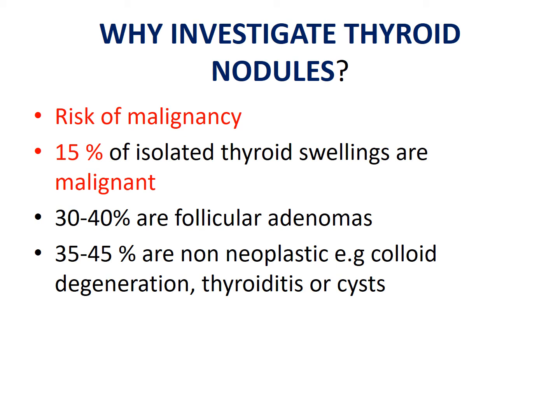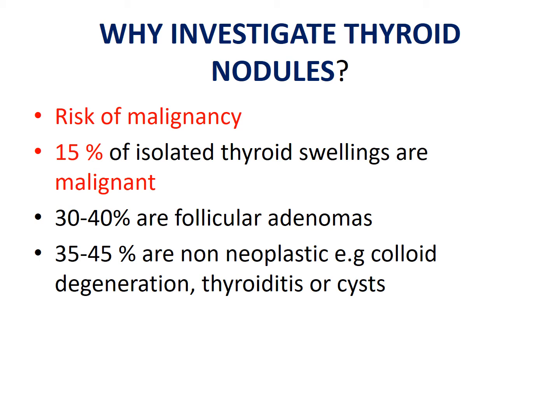Now, why do we need to investigate the thyroid gland? Why is it important that we are discussing today the workup of the thyroid gland? The most important reason is that these thyroid nodules are associated with a risk of malignancy.